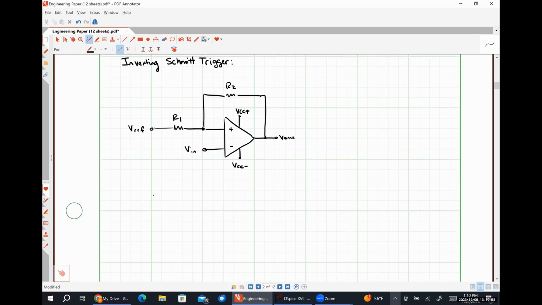So our governing equation will be Vn is equal to R2 over R1 plus R2 times Vref plus R1 over R1 plus R2 times V out.